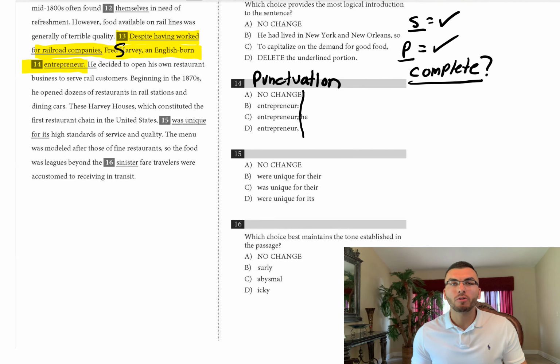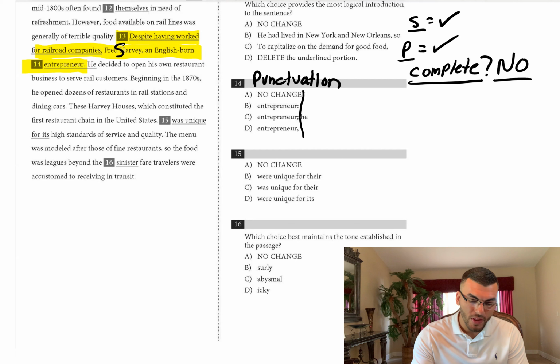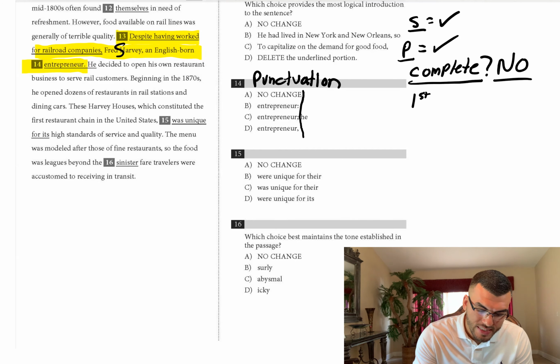Despite having worked for railroad companies, Fred Harvey, an English-born entrepreneur, no, it's not a complete thought. It stops abruptly. It sounds like I need to keep talking to finish my thought. So it's not a complete thought. So therefore, the first sentence is incomplete.